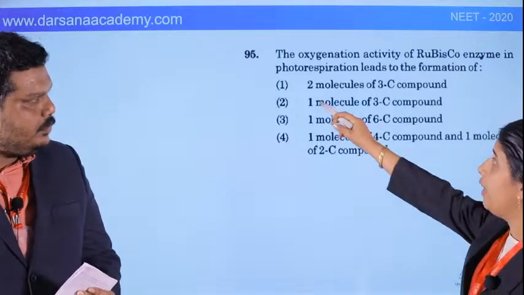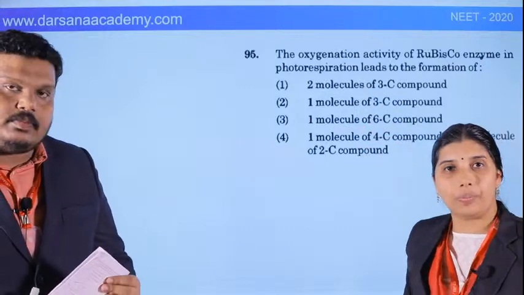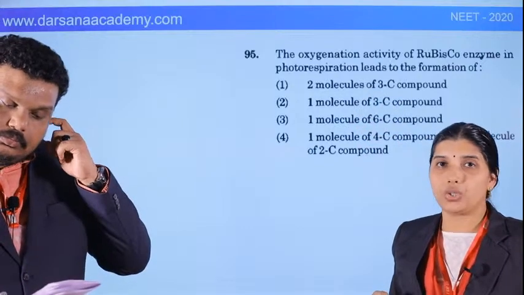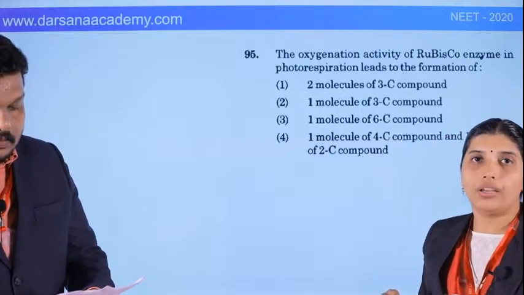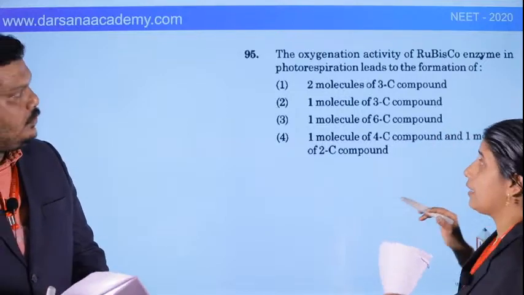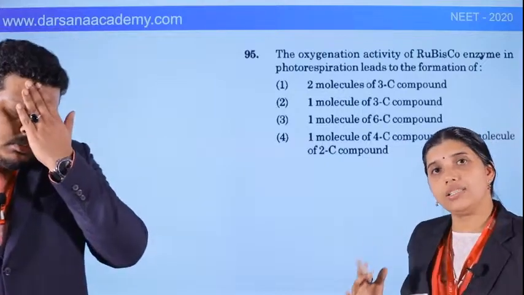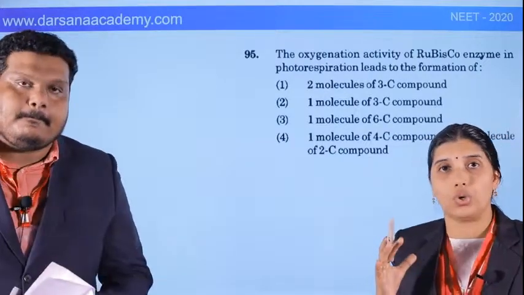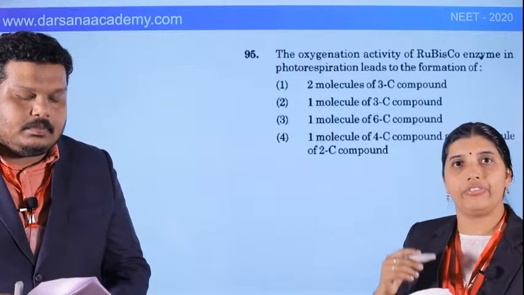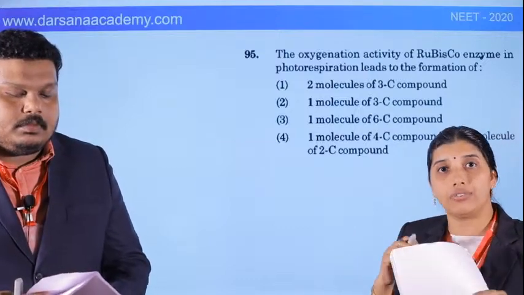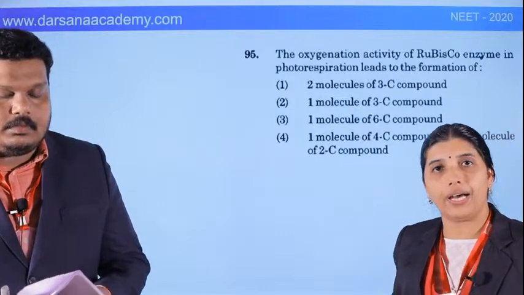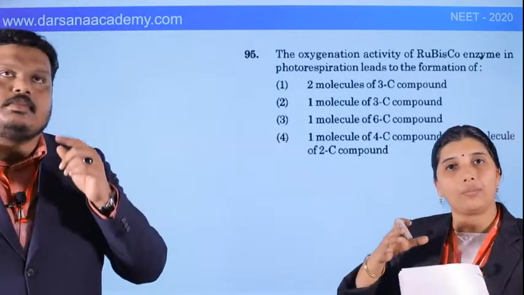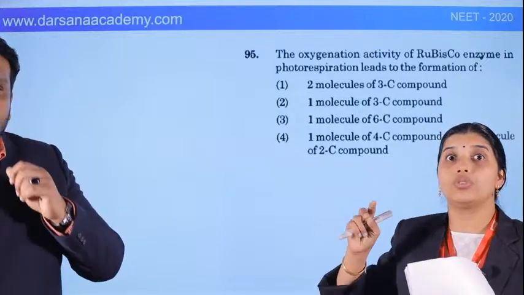Photorespiration is called the C2 pathway. Why is it called the C2 pathway? Because the first stable product is a 2-carbon compound. We know what photorespiration is: Rubisco, the enzyme, instead of carbon dioxide receives oxygen, and there is oxygenation of RuBP. RuBP, we know, is a 5-carbon compound, and this oxygenation of RuBP leads to the formation of 2 molecules.